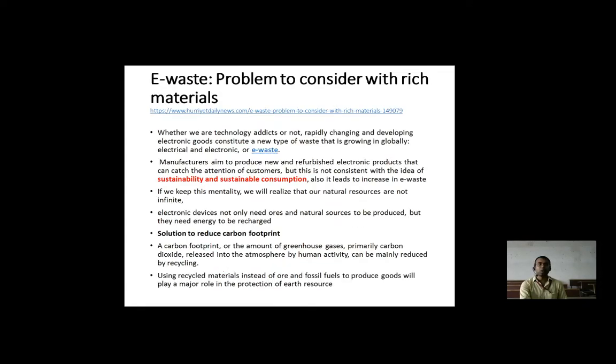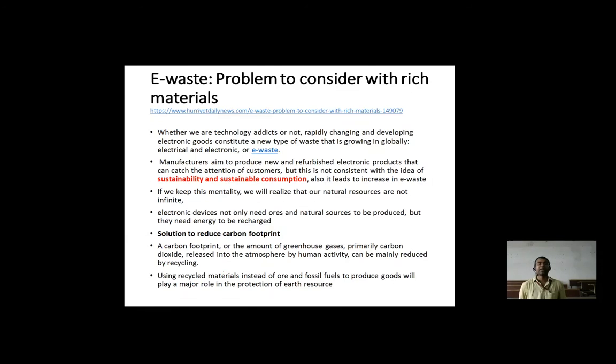So what is the e-waste problem to consider with these materials? The way we talked about the materials, we talked about the products; where are these products going now? They are going into nature, and if we do not take care of that, later on these things will definitely create some kind of problem in nature.